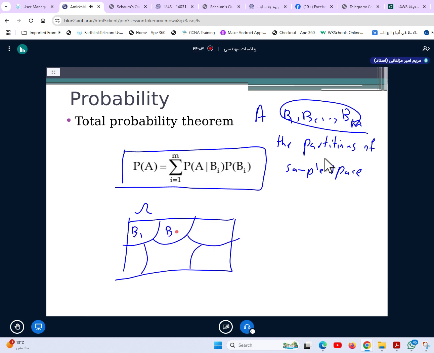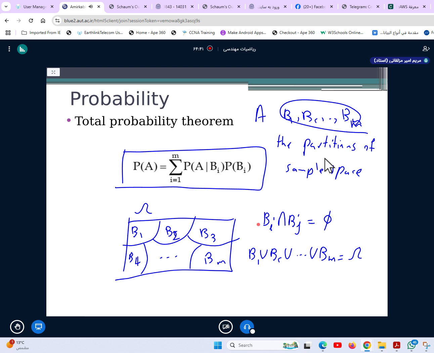We call these parts B1, B2, B3, B4 to Bm. These parts, B1 to Bm, are disjoint. It means that the intersection of Bi and Bj is empty. And also, the union of B1 to Bm is equal to the sample space.